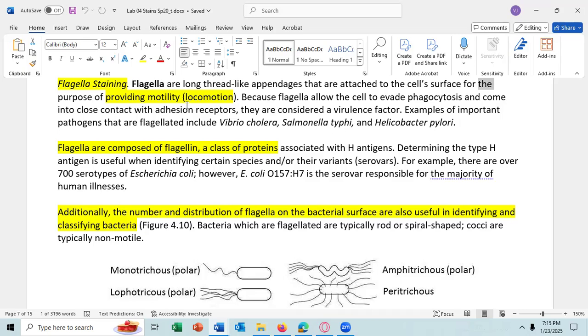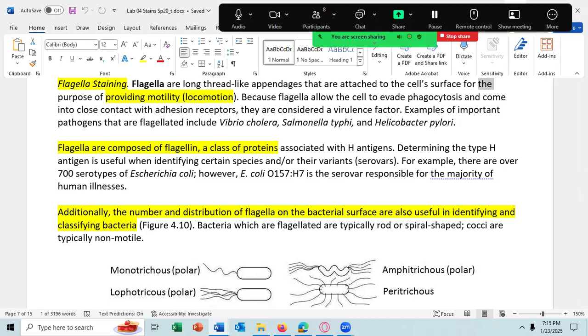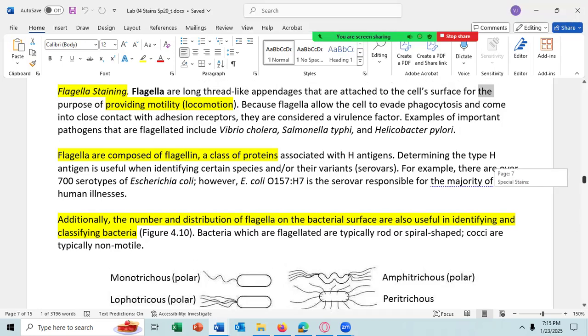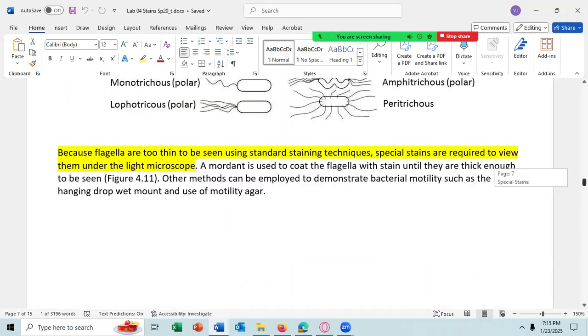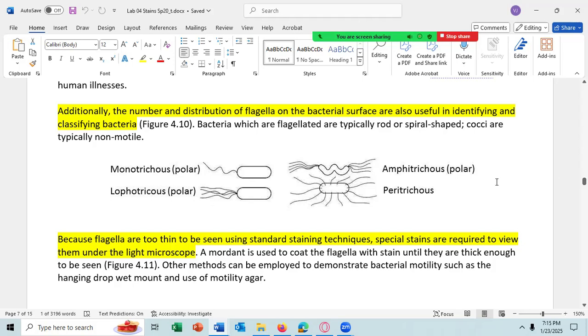You can also classify the flagella on the distribution of flagella on the bacteria surface. So bacteria, if they have one flagella, it's called monotrichous.